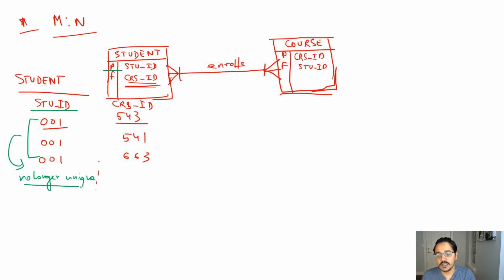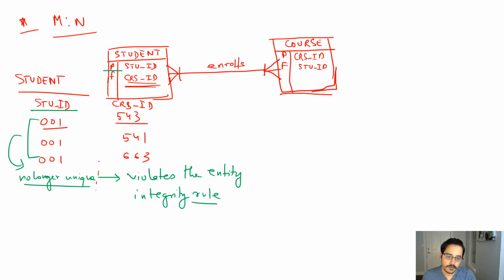And if the primary key is no longer unique, then it violates the entity integrity rule. As a result, this kind of direct implementation of M is to N is not permissible.